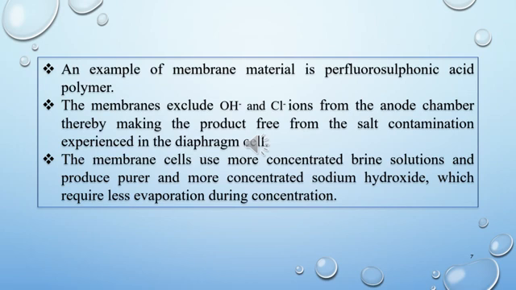So as a result, the side products, salts, will not form as in the diaphragm cell. So if the salts are not formed, it means the membrane cell will give you a more pure product as compared to the diaphragm cell.